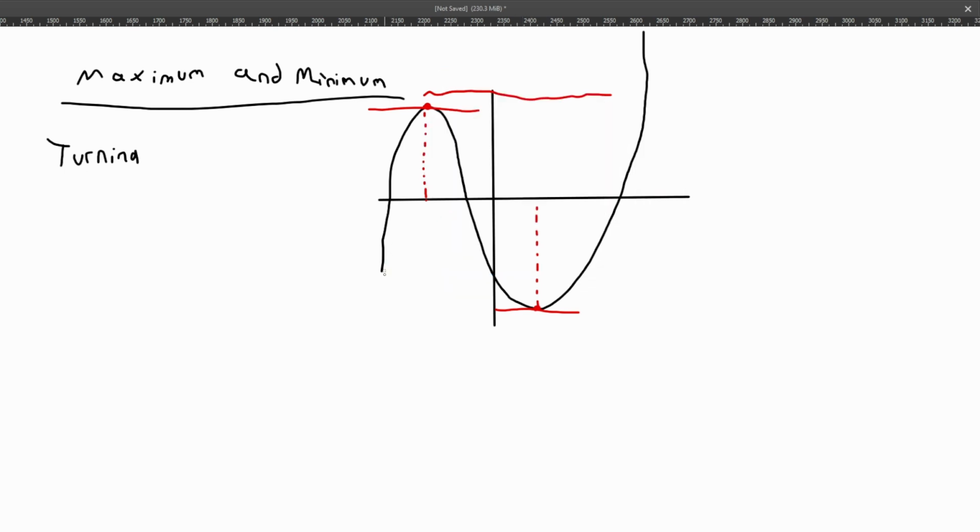This function goes down as much as it can, and as much as it can go up to, meaning that the minimum value of this function is negative infinity, and the maximum value is positive infinity. But the function's turning points are still these values, and we call these values a local minimum or a local maximum.